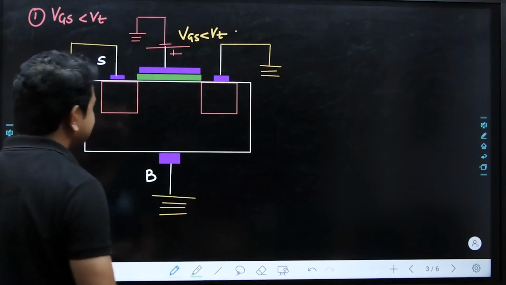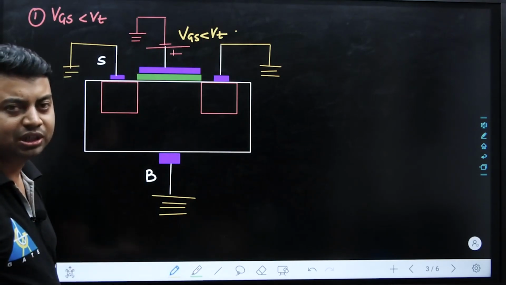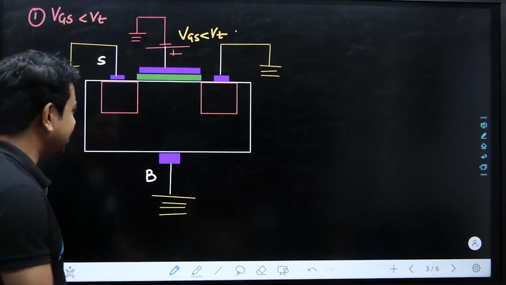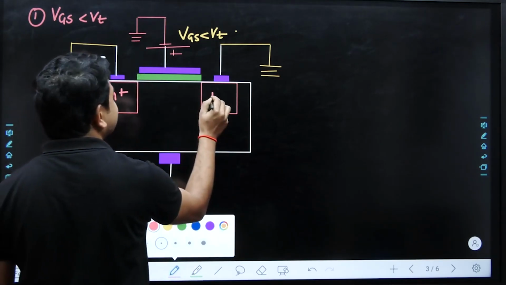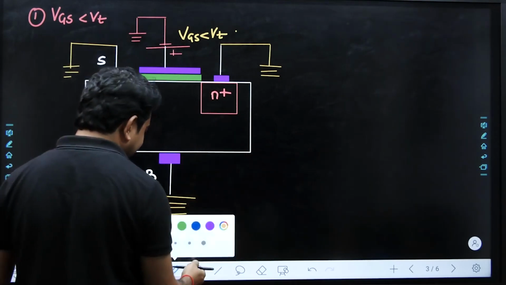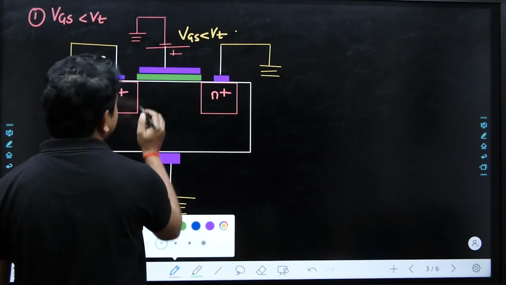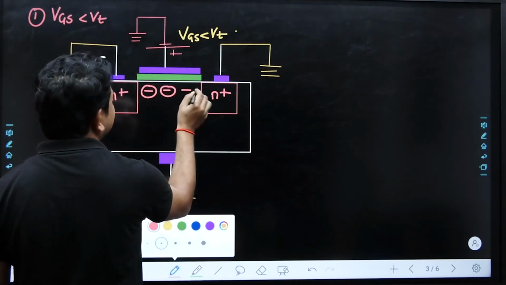What happens inside this semiconductor? If I ask a quiz, what is present inside the semiconductor? Since it has an n plus region here and an n plus region there, and no inversion layer is created, theoretically we know that here we only have the ions. Why do we have the ions?